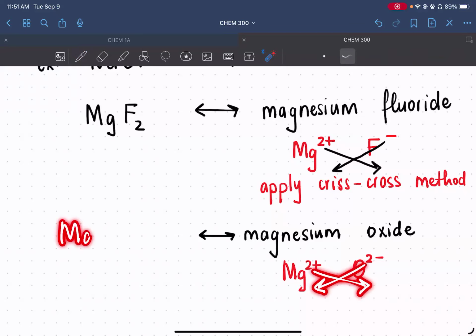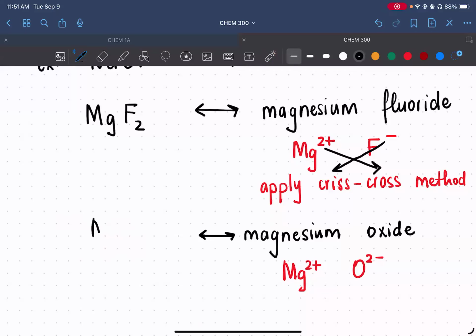What we see here is Mg2O2. The beauty of the crisscross method is we're actually looking for the lowest whole number ratio. So Mg2O2 can be simplified to MgO. So we're looking for the lowest whole number ratio.